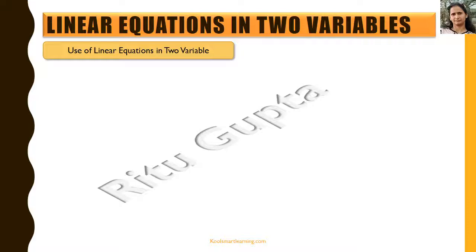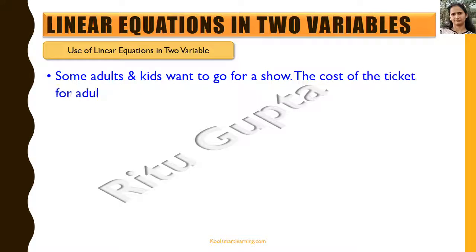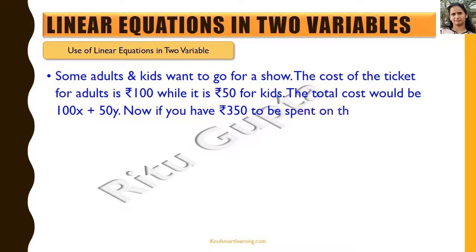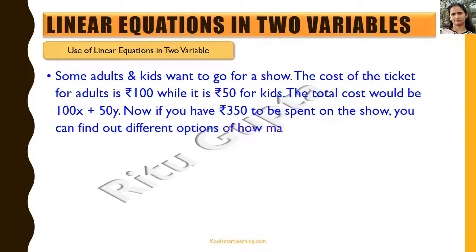Now let's try to understand the practical use of linear equations in two variables. Let's take an example where we have some adults and kids who want to go for a show. The cost of the ticket is 100 rupees for an adult and 50 rupees for a kid.